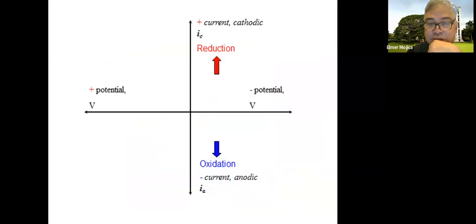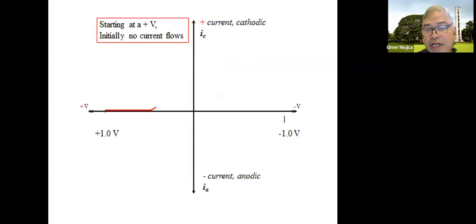Now, if you look at what is really happening during cyclic voltammetry, or when you do the scan in both directions, here I put the reduction on top and the oxidation on the other one. The way that we sweep, or ramp, the potential is from a more positive going to more negative. Starting at the positive voltage, initially there's no current.